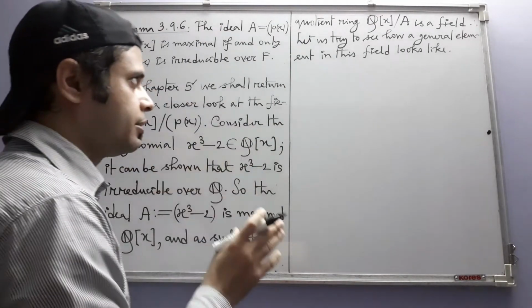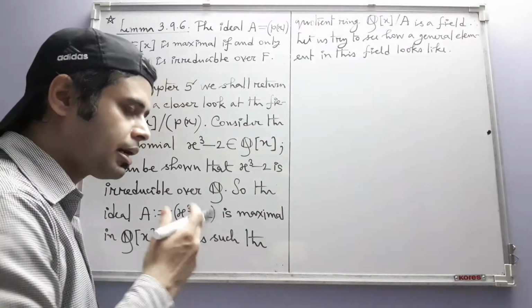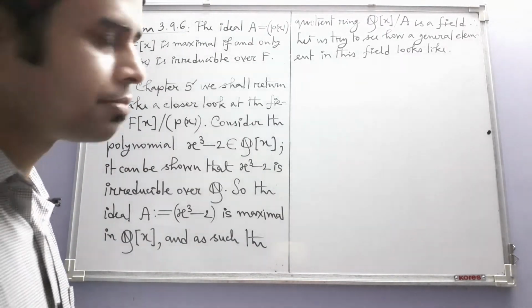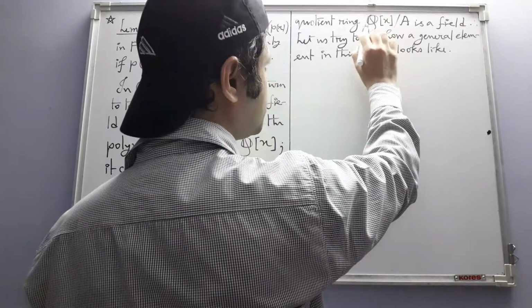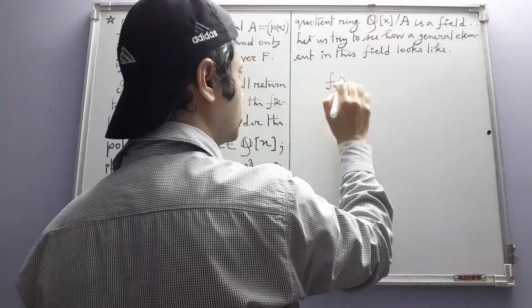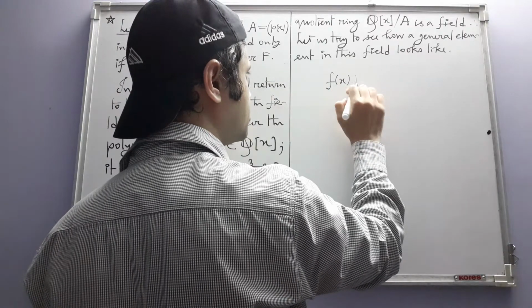In a quotient ring, what are the elements? The elements are cosets of the ideal. So that means since our ring is a polynomial ring, the general element will look like this.